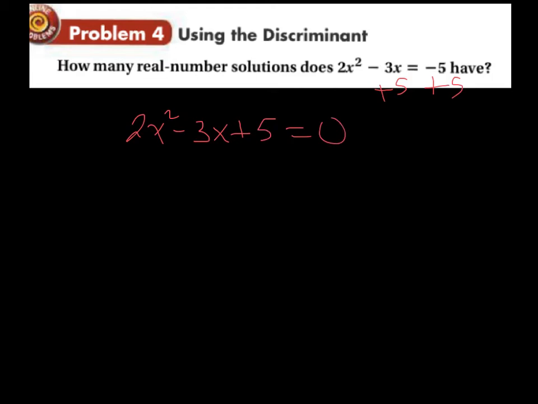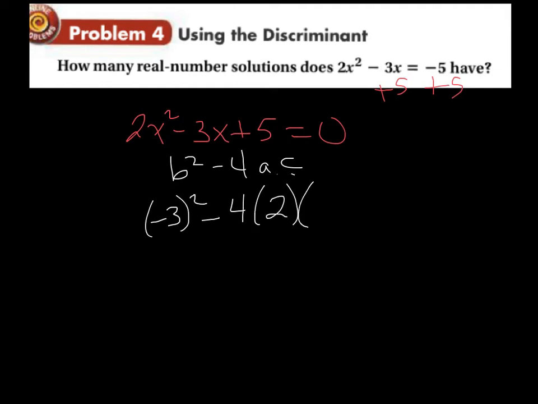So now I'm going to look at my discriminant. My discriminant, remember, is b squared minus 4ac. So b squared would be negative 3 squared, minus 4 times a, which is 2, times c, which is 5. So that gives me 9 minus 4 times 2 is 8, times 5 is 40.